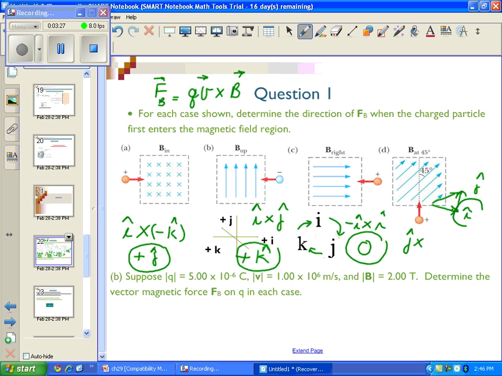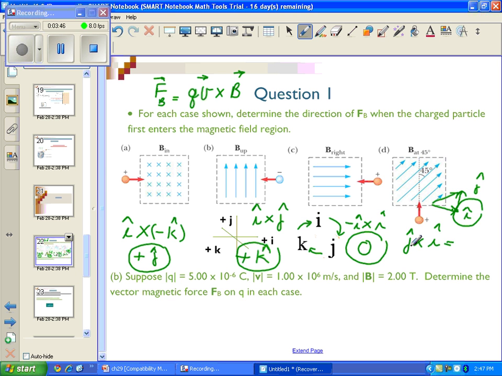Only this component, however, is the one that we are going to consider because magnitude-wise, you'll see that there will be a reduction in the magnetic force due to the fact that the B itself is not entirely along the I hat direction.